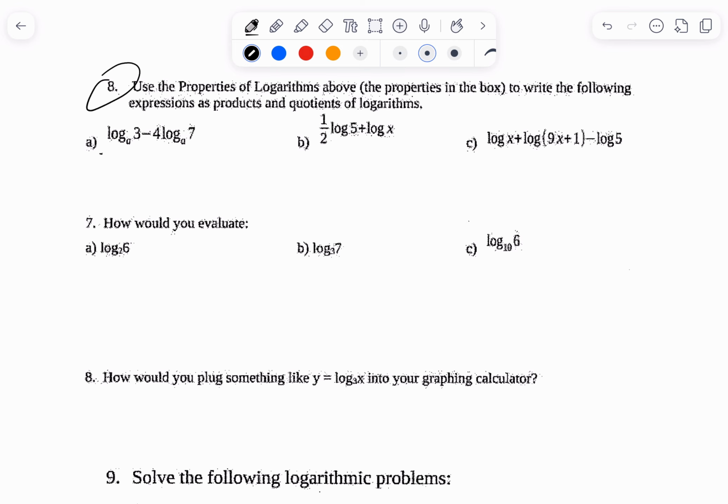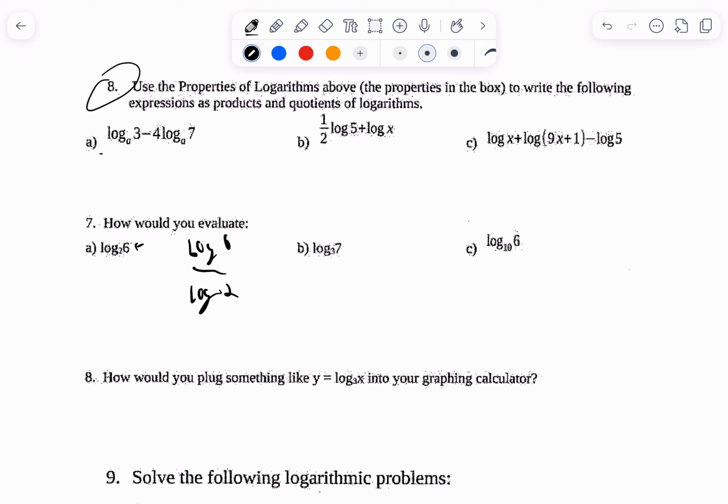Okay, how would you evaluate log base 2 of 6? This is also a bit of the property of logarithms. So you'd put this top number on the top of a fraction, and the bottom number on the bottom of the fraction.